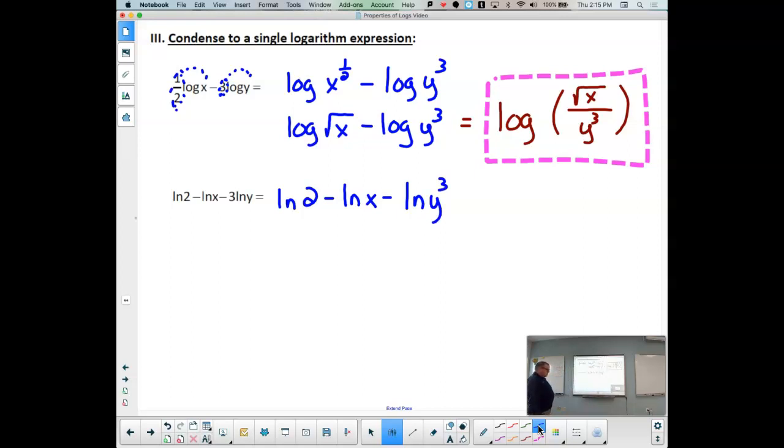Okay. Now, in my brain, I'm thinking, okay, so this 2 is going to go on top because we got a quotient here. So this would be like the natural log of 2 divided by x.